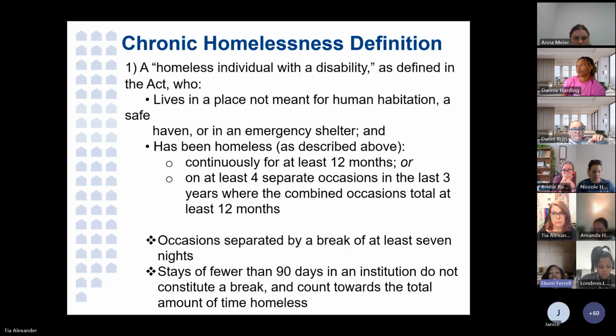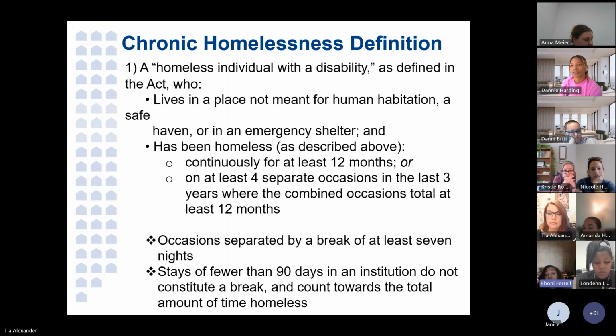Participants do not, however, retain their chronically homeless status if they enter transitional housing. Although persons in transitional housing are considered homeless for the annual point in time count that we report to HUD, they do not meet the criteria in HUD's chronic homeless definition, which is emergency shelter, safe haven, place not meant for habitation, or an institution where they have been for fewer than 90 days, which was immediately preceded by actual homelessness.